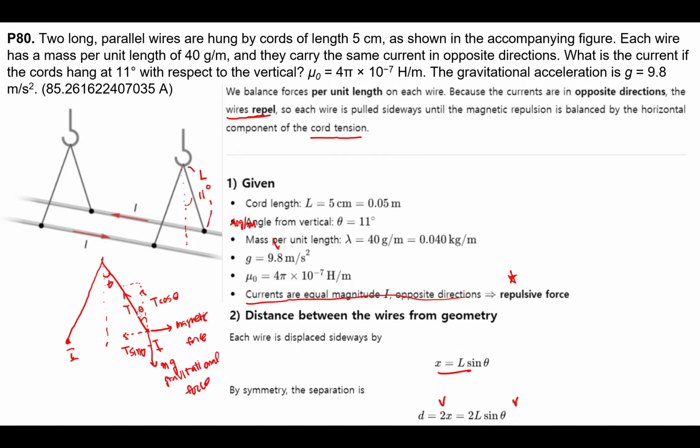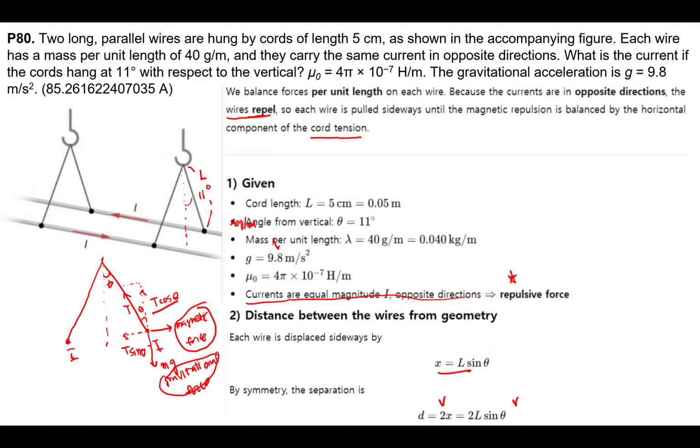So we have two cases. Vertically, the vertical component of the tension should match the gravitational force, and the horizontal component of the tension should match the magnetic force. That's the problem set. You need to understand the equilibrium of the forces and identify the forces one by one.